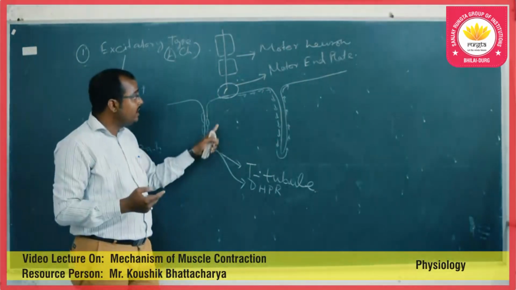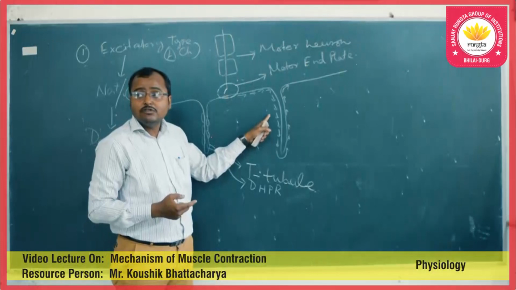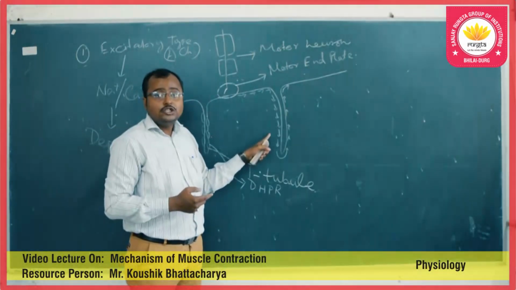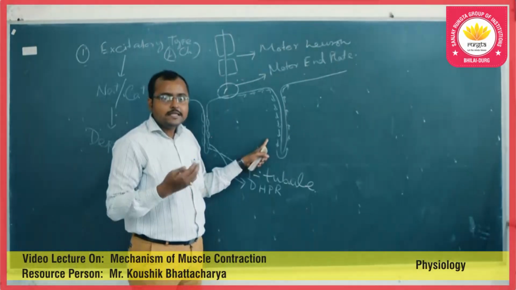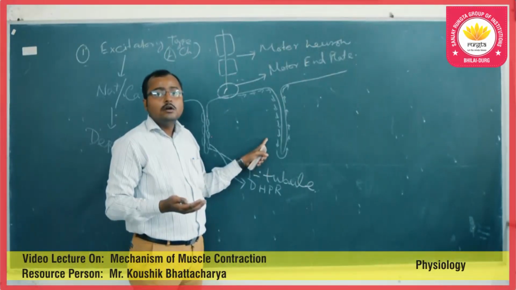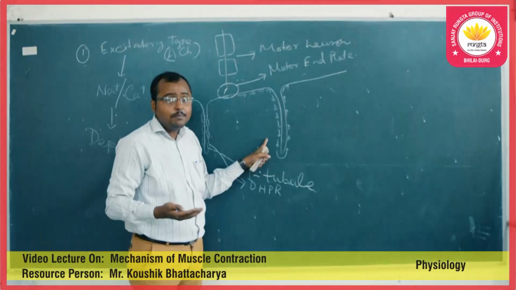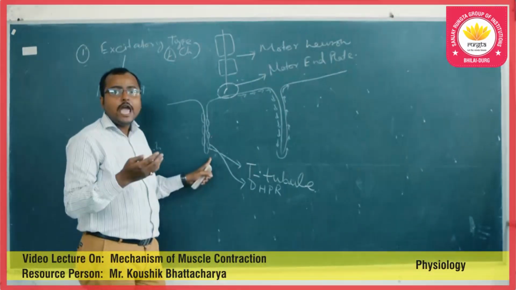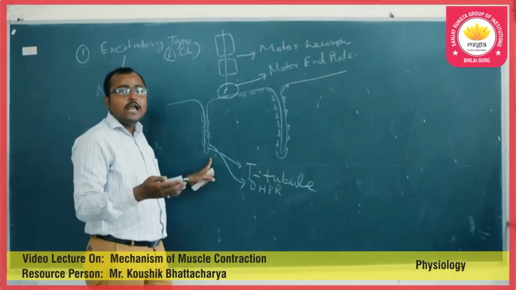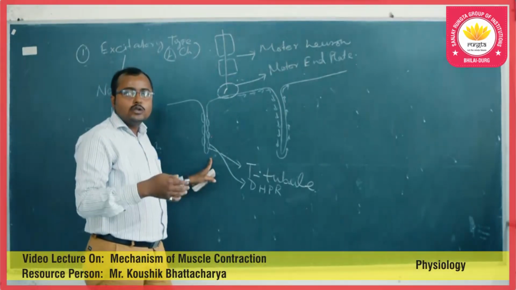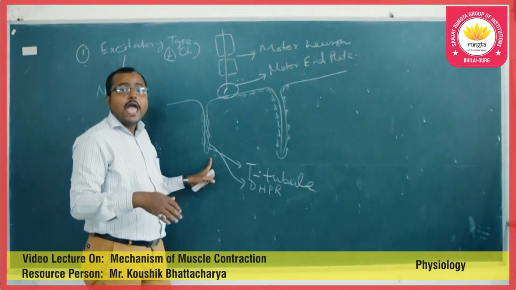When this action potential travels along the T-tubule structure, those proteins can sense the voltage changes. That means they can sense that the action potential has arrived at that particular area, so that they will get activated.